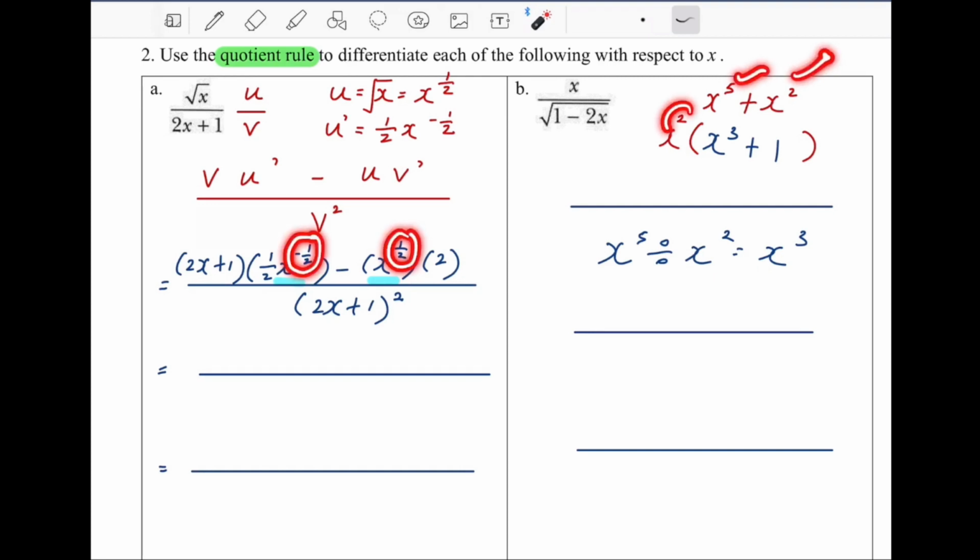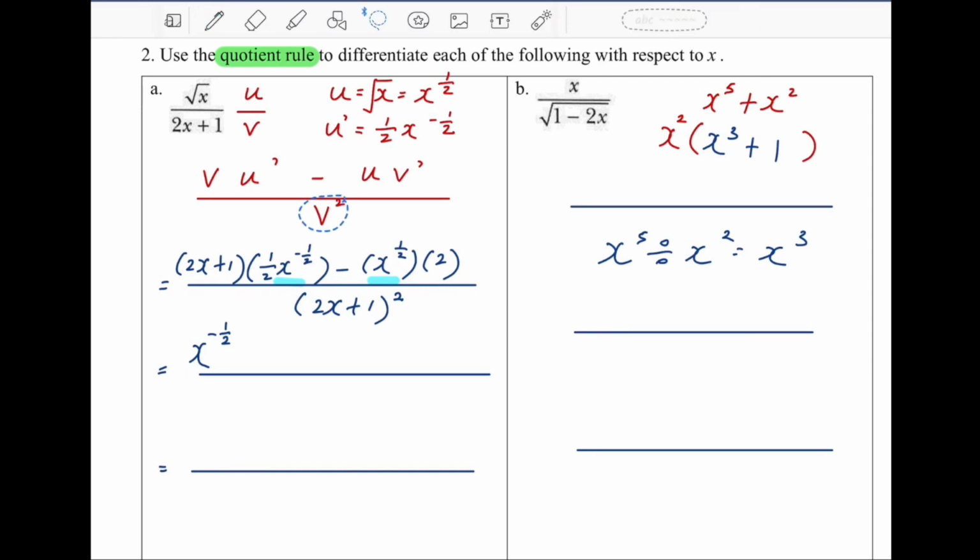You always take out the one with the smaller power. So between negative 1 over 2 and 1 over 2, which one has a smaller power? This one. So you're going to take out x to the power of negative 1 over 2.